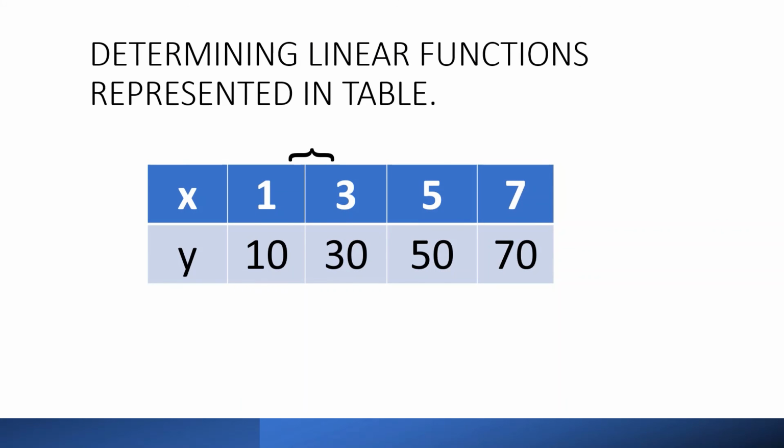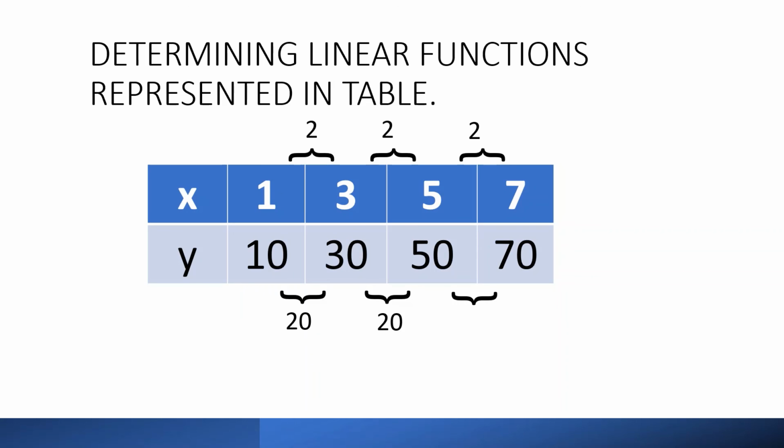So let us try this one. Is this a linear function? So let's get the first difference on the x coordinates. So 3 minus 1, we have 2. 5 minus 3, we have 2. 7 minus 5, we have 2. Then on y coordinates, 30 minus 10 is 20. 50 minus 30 is 20.